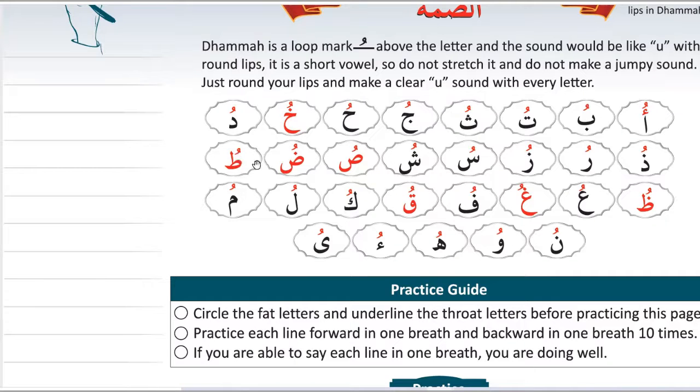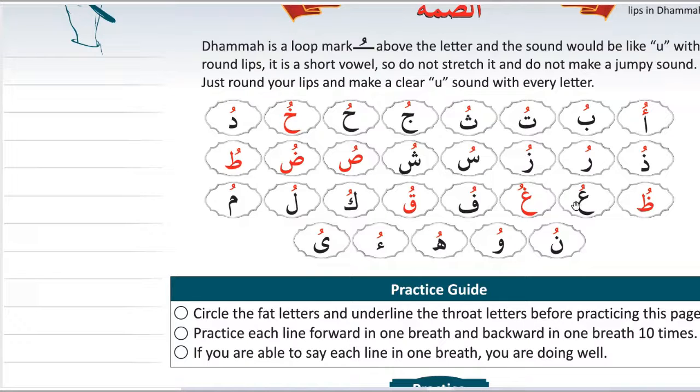So by pronouncing this ta, you have to keep the back of your tongue elevated, then you can easily differentiate the sound of these two letters. I will try this awesome letter one more time. Tu, very good.